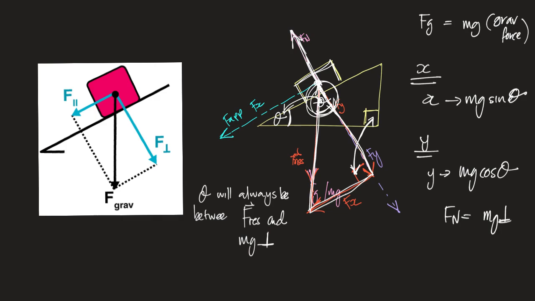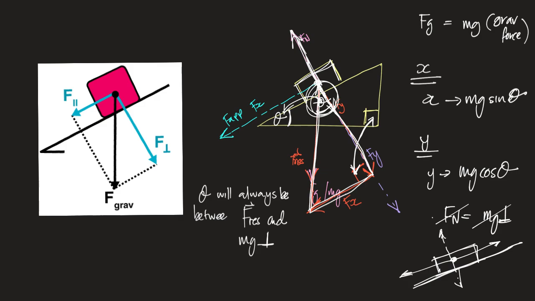mg parallel. Right? So technically, if I have something that's on an incline, and it's moving this way or it's moving that way, those are the motions. There's actually nothing happening here perpendicular to the surface. So technically Fn and mg perpendicular will kind of cancel each other as the object moves parallel to the surface.